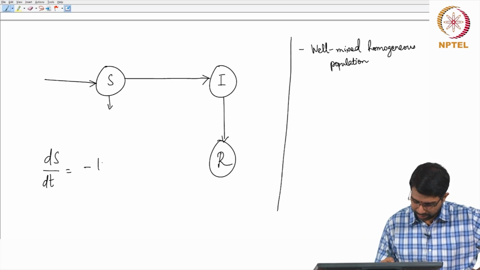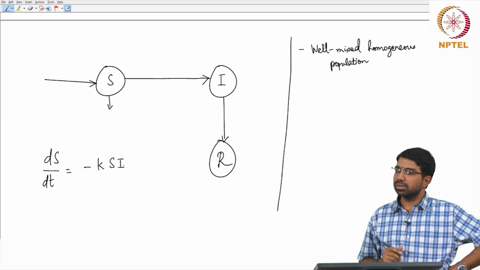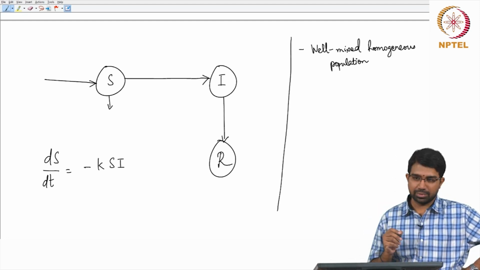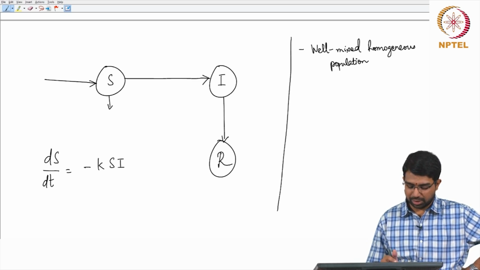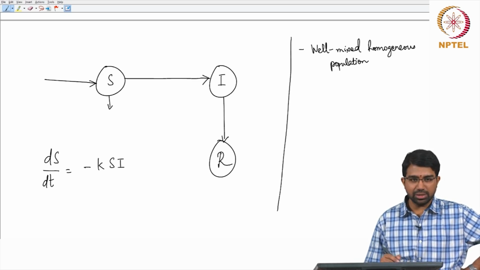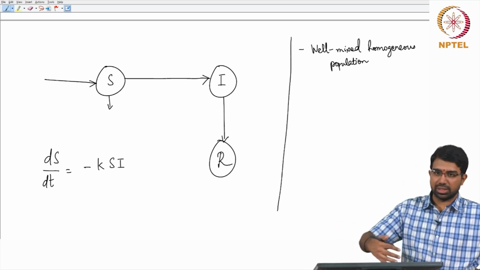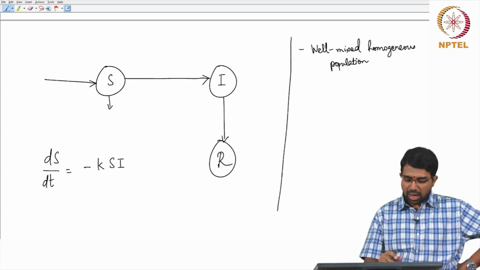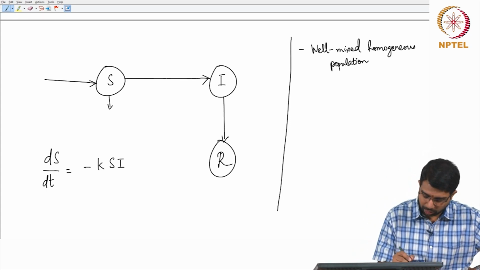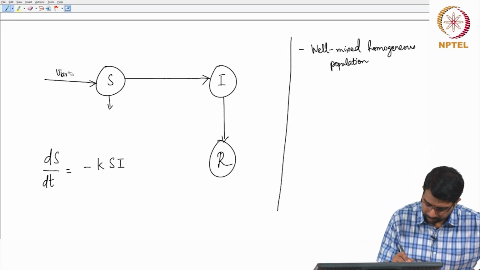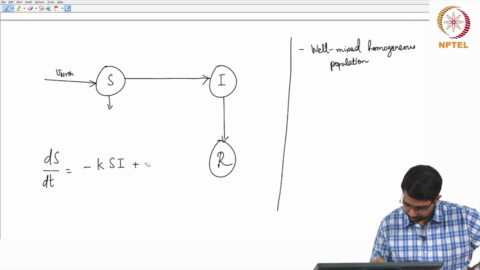So some minus K S I, everybody agrees? So there will be some S naught, right. So this is just the rate of change. You will have an initial population of susceptibles from which these changes will happen, but we have to assume other edges. So if you want to consider V birth, you will have that.